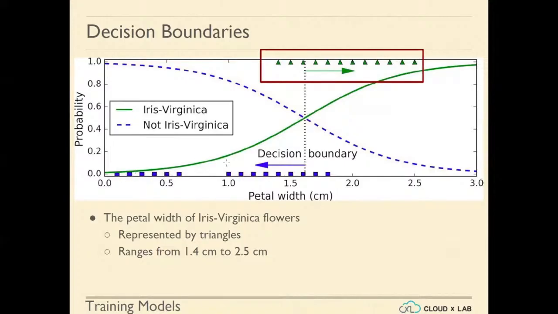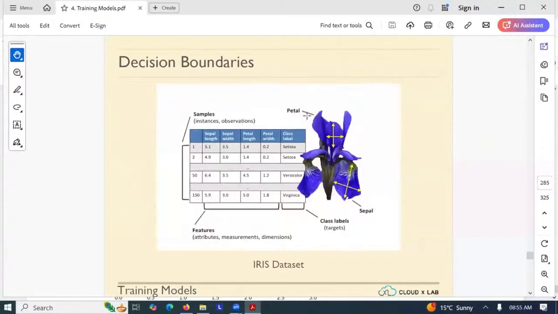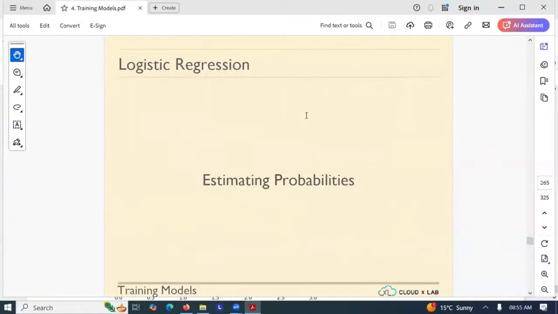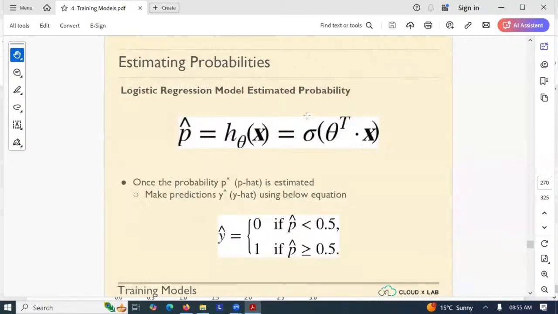The rule here is very simple. If the probability is greater than 0.5, it means positive class. If the probability is less than 0.5, negative class. As you can see in this equation, we have an equality condition, which means if we get 0.5 probability, equal probabilities, then we always go with the positive class.